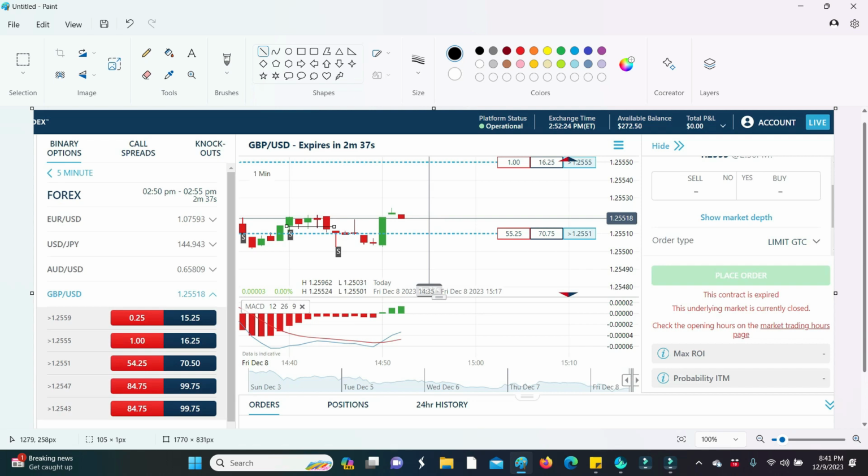Now I'm going to explain to you what these numbers are. Okay, right here, this number stands for 1.2551, and then there's another zero that's supposed to be at the end of this. So really, you would look at the last three numbers, which would be 510. So here, 1.25, and then it would also be 510.